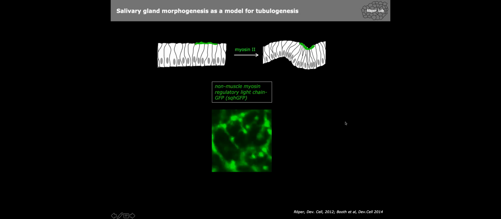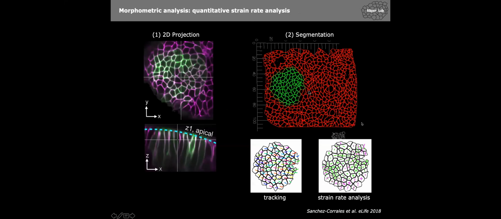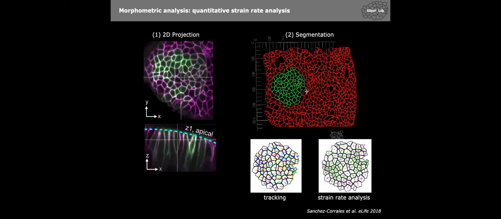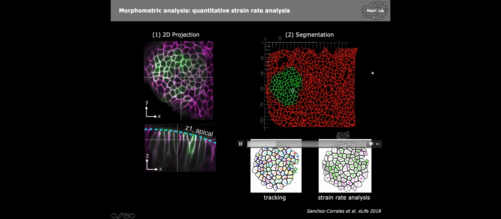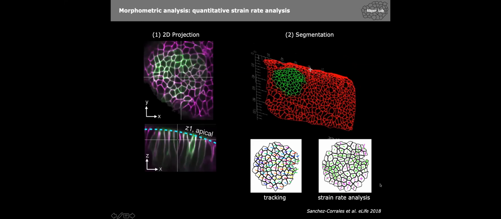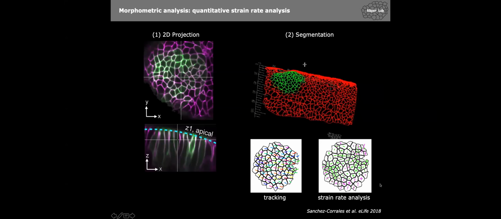And so what we did a number of years back, and I will just summarize this because it's published, but it's the basis of some of the other things I want to show you today, is we took a postdoc in my lab, Yara Sanchez-Corrales, together with Guy Blanchard at the University of Cambridge here, and utilized and developed quantitative so-called morphometric methods that allowed us to dissect this process in more detail.